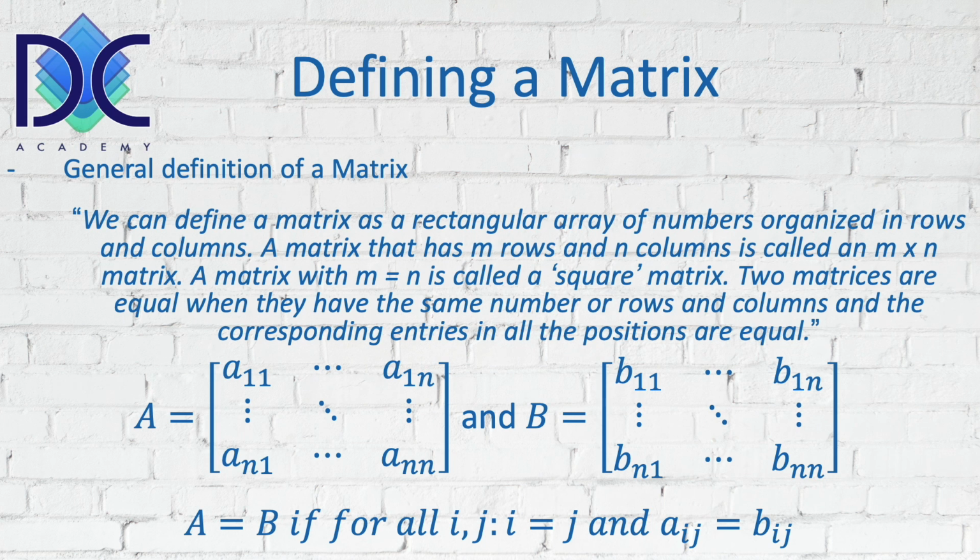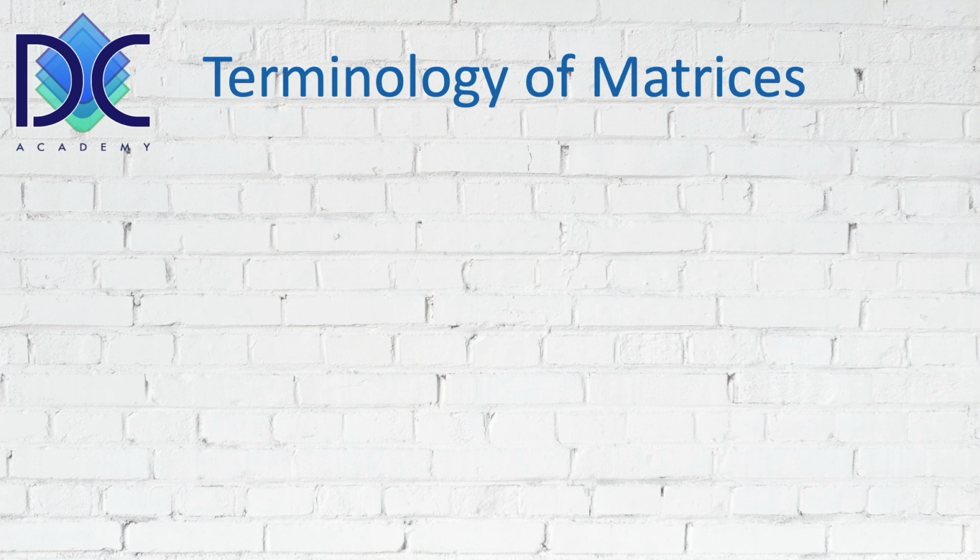So basically, we have to find that the elements in this matrix are the same for every element. So a11 has to be equal to b11, up to ann has to be equal to bnn.